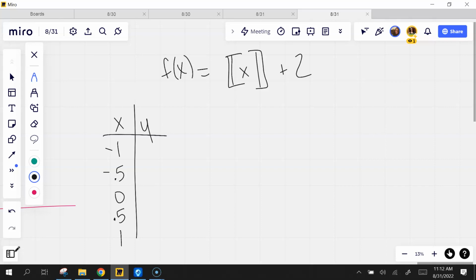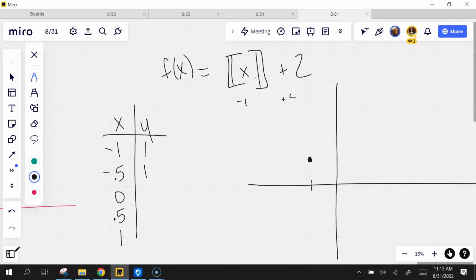If I put a -1 in, I know that this is going to be -1, and -1 plus 2 is 1. And these are all actual points. They're not holes or open circles. -1, 1. How about -1/2? At -1/2, this becomes what? -1 plus 2, it's still 1.